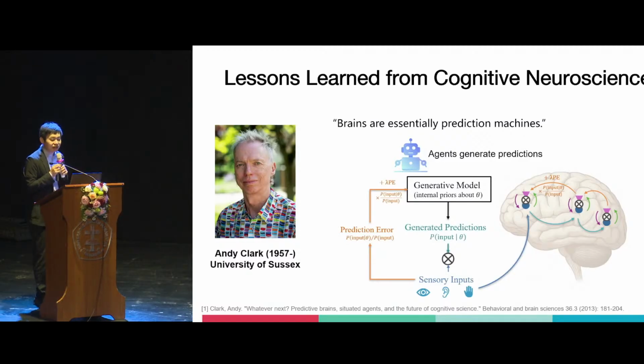This idea has a basis in cognitive neuroscience. The cognitive neuroscientist Andy Clark proposes that the human brain is essentially a prediction machine. The brain uses an internal generative model to predict the state of the outside world.